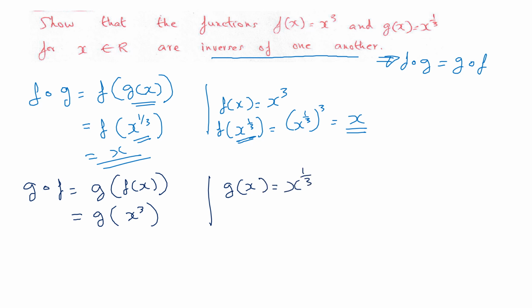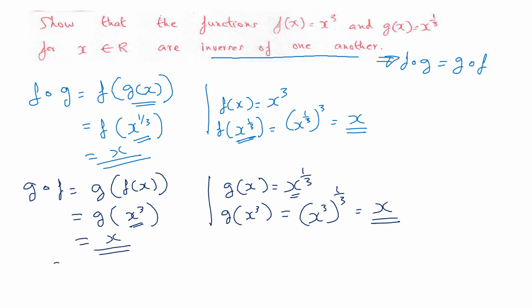So for us now x cube is to be considered as x. Therefore we get this as g of x cube. So g of x cube is equal to, see this x means what? x cube to the power this 1 by 3. That is x only. 3 cancels. So here also you are getting it as x.